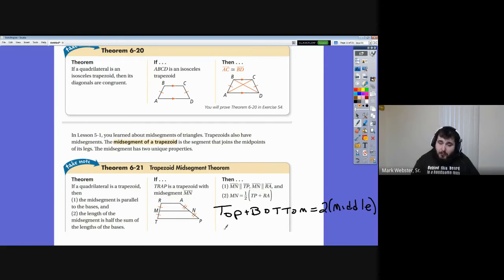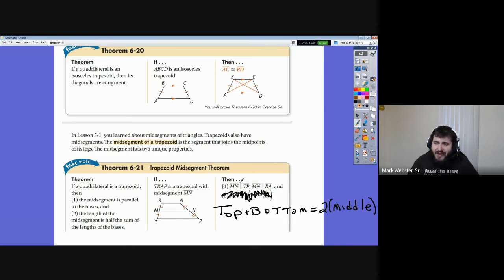If you remember this one, it's going to be so easy. So make sure that you're doing the easy stuff. Don't do it difficult, do it easy. Top plus bottom equals 2 times the middle. It'll be so much easier than the other way. That way's a pain in the butt, especially when you've got variables in there, because ain't nobody want to deal with a fractional coefficient.